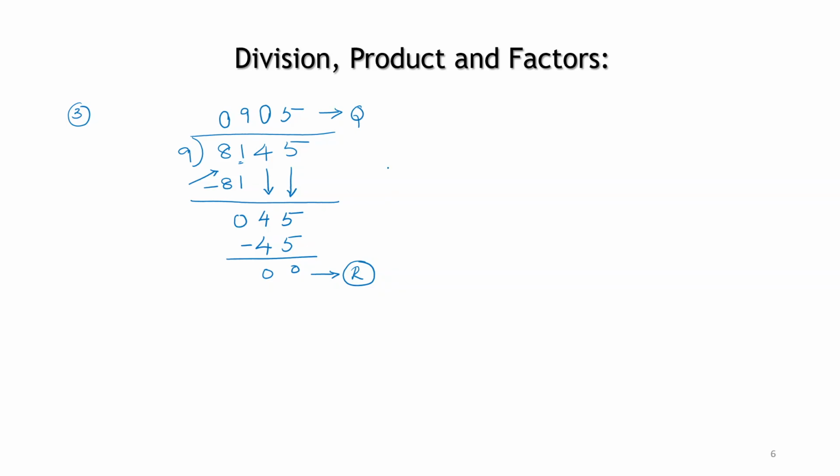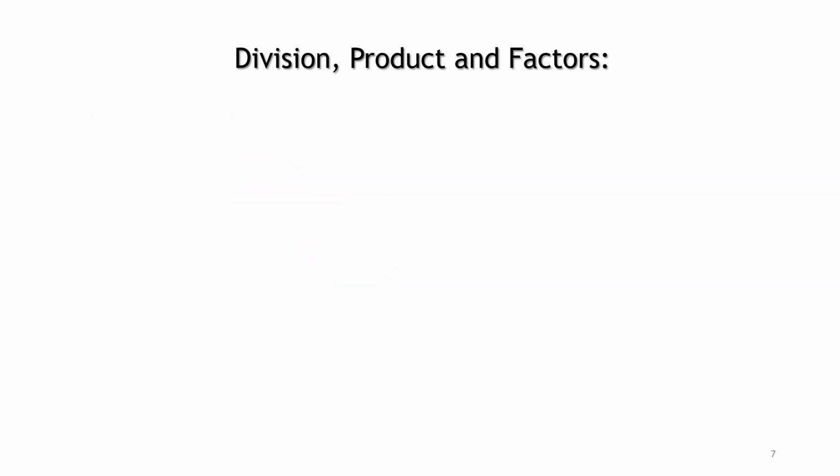Let us try to understand with another example. 5436 divided by 9. Again we have to start with the leftmost digit of the dividend.